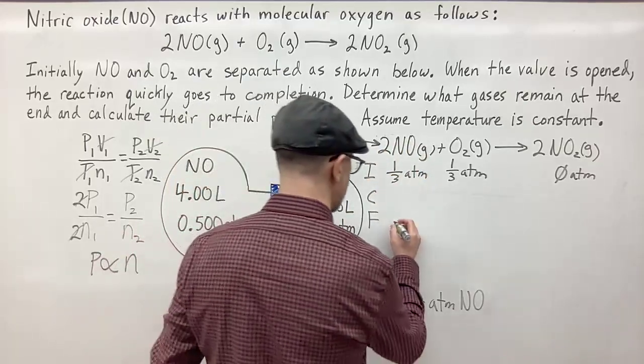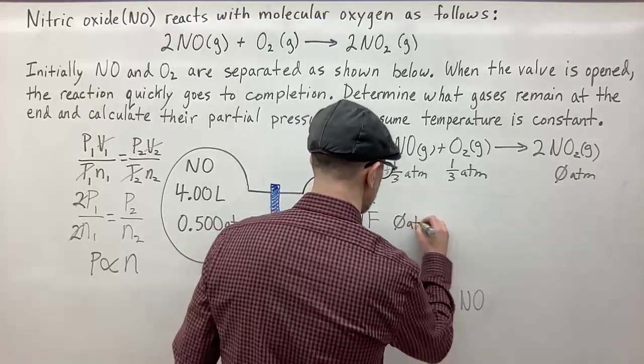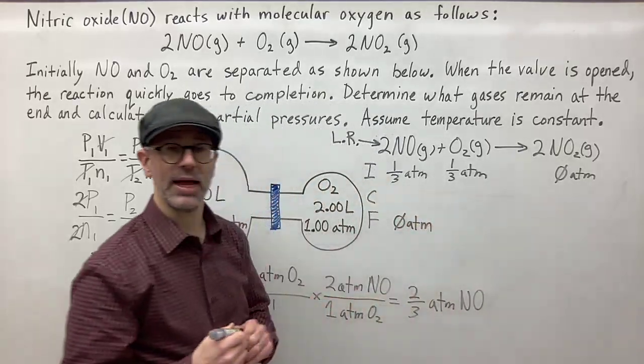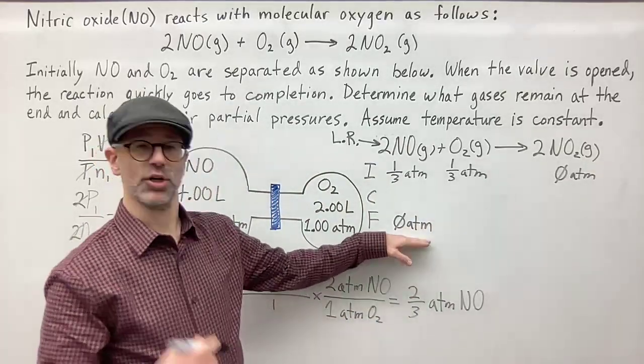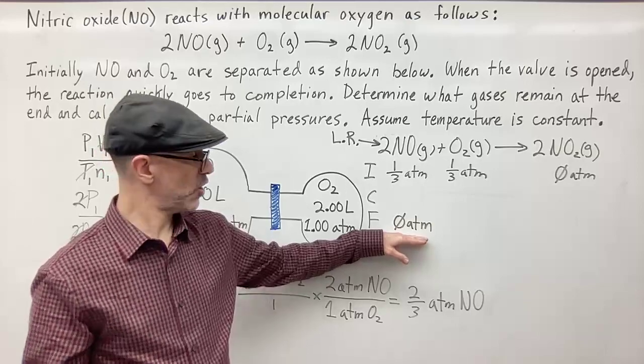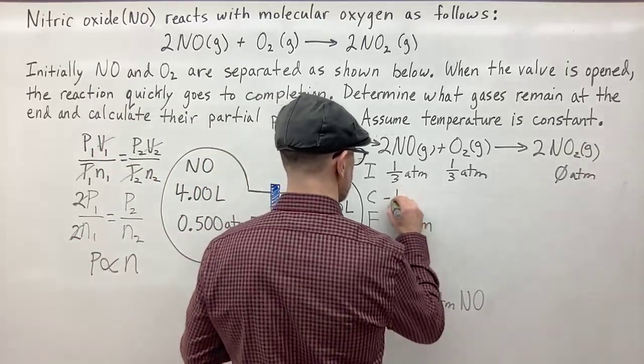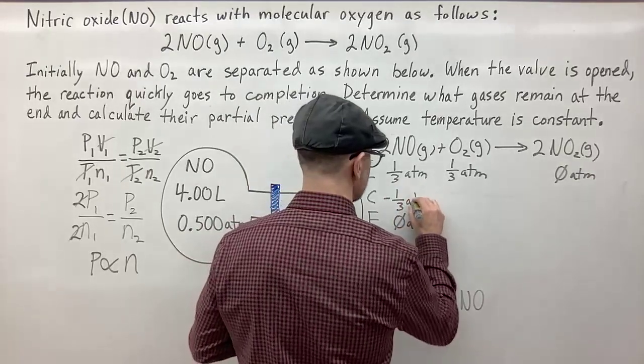So at the end of the reaction, my final amount of NO is going to be 0. I'm not going to have any NO left over, so I'm going to have no pressure. So 0 atmospheres for the NO. So there's a change here of minus 1/3 atmospheres.